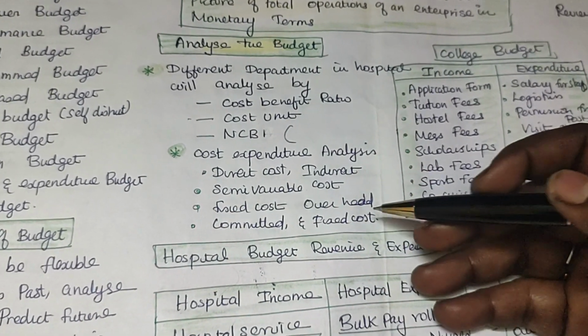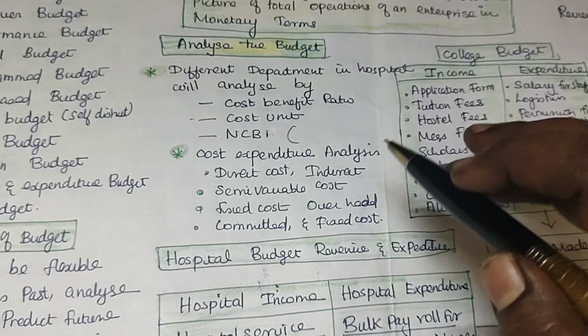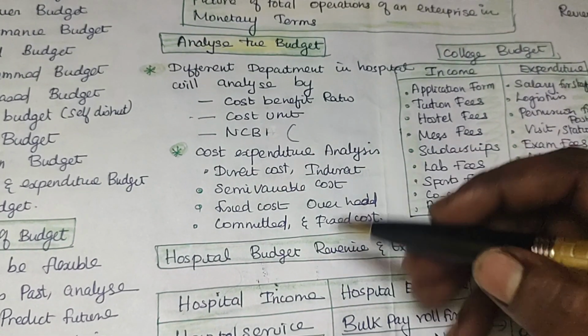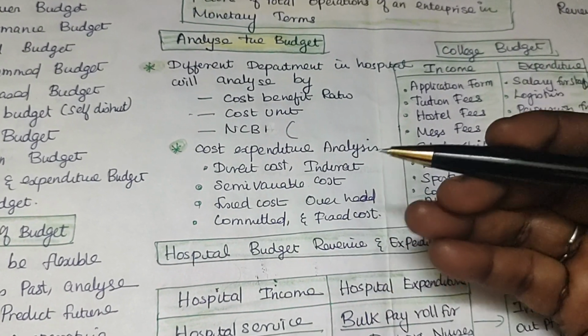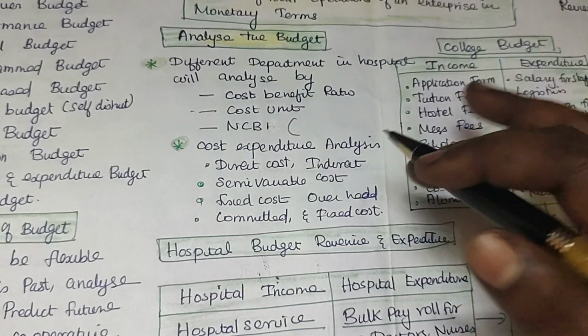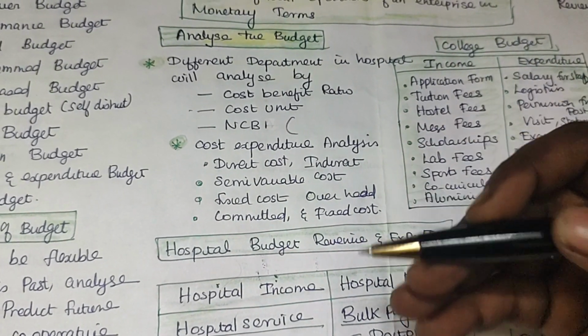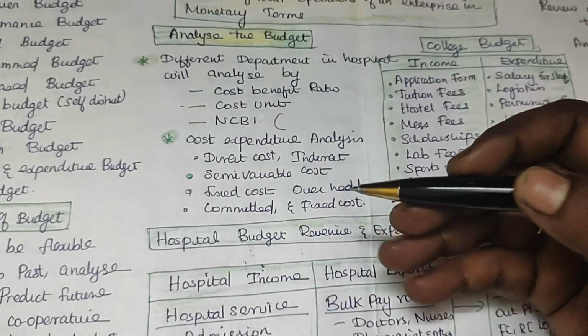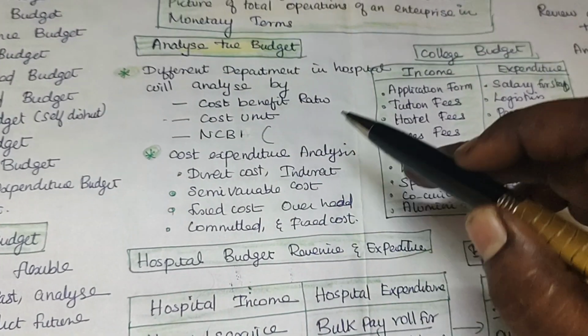Some expenditure will be consumable things you are buying. When you construct a building, that's like a fixed amount you will put in, and stationery and other things you will buy on and off.